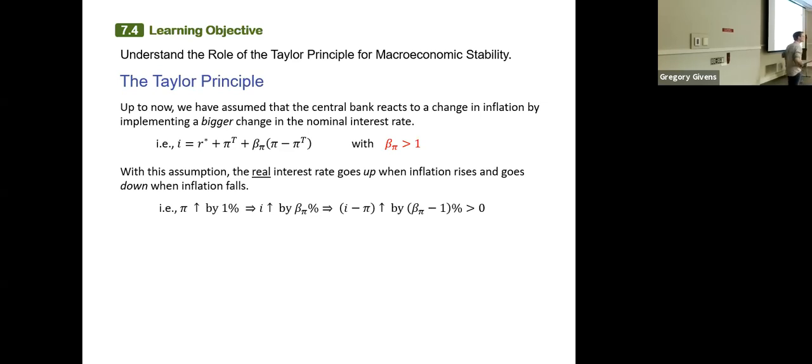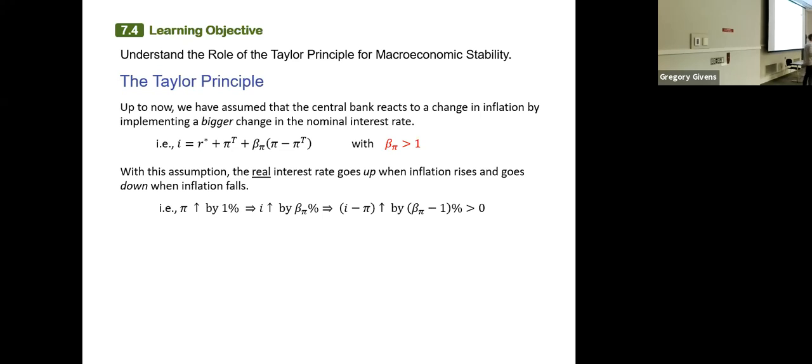Again, let's just work through the arithmetic to make this as clear as possible. Let's suppose, Margot, that inflation jumps by 1%, okay? That means, according to the Taylor rule here, the nominal interest rate is going to be elevated by the central bank, by the Fed here, by beta pi percent times 1%, right?